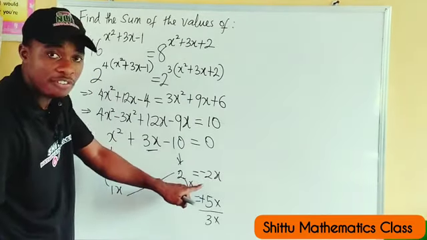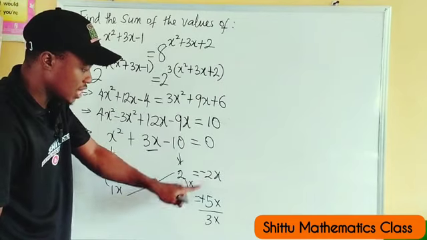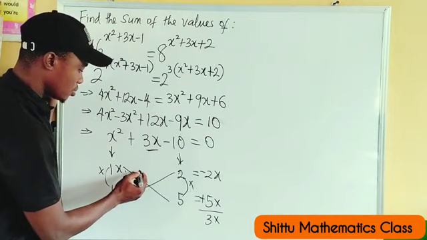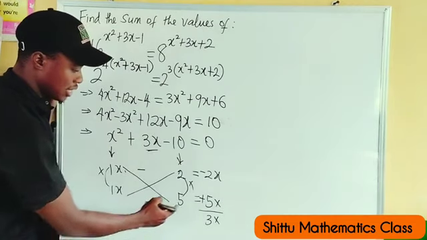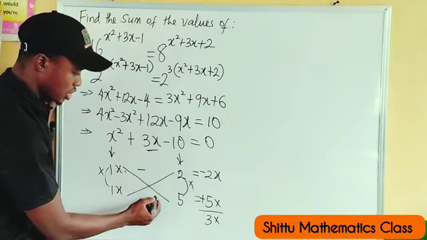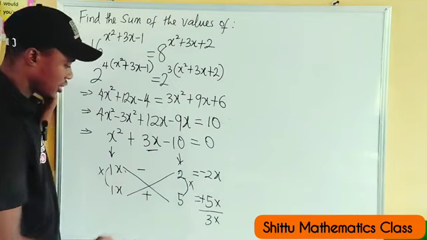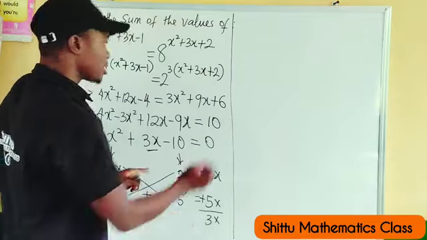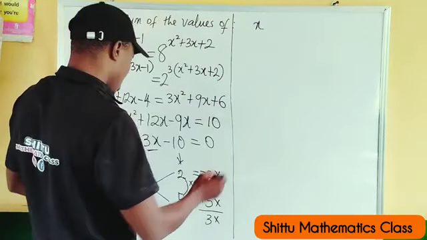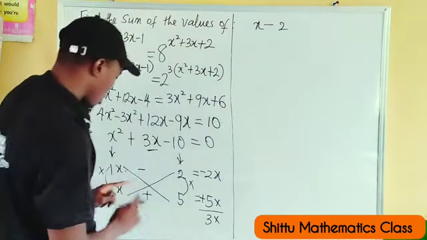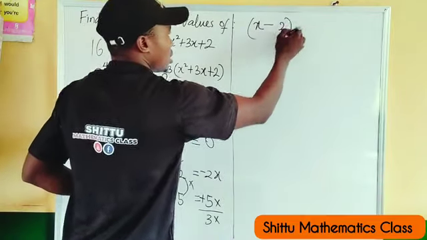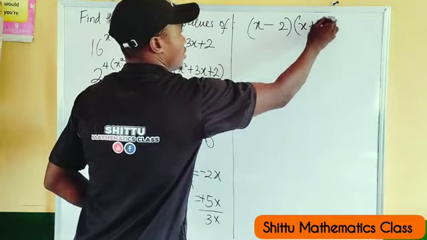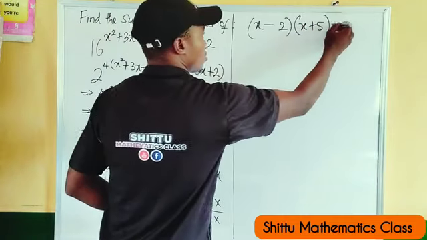Since we have this negative sign here and we have positive sign here, this negative sign will come to this place, and the positive will come to this place. So we are going to have the factors to be x minus 2, because we have the minus here, then x plus 5 equals to 0.